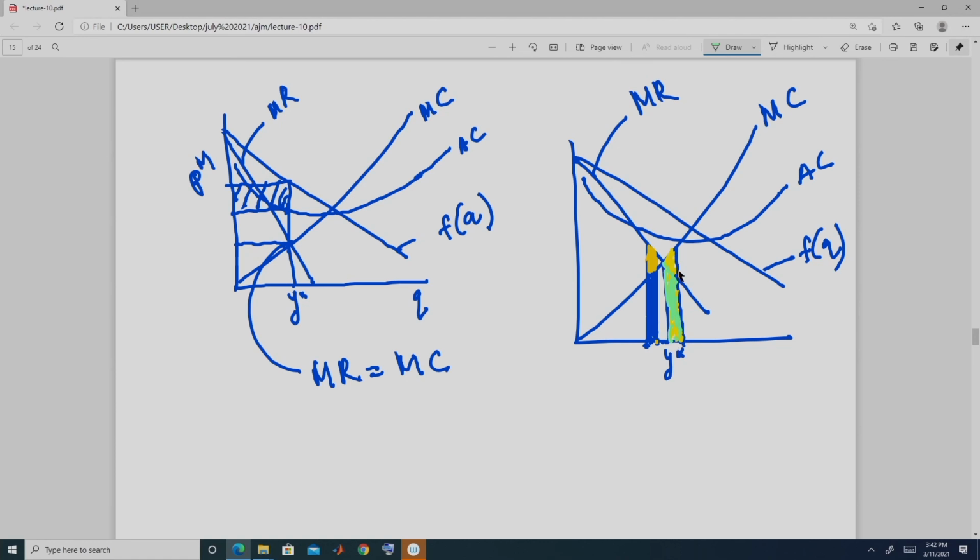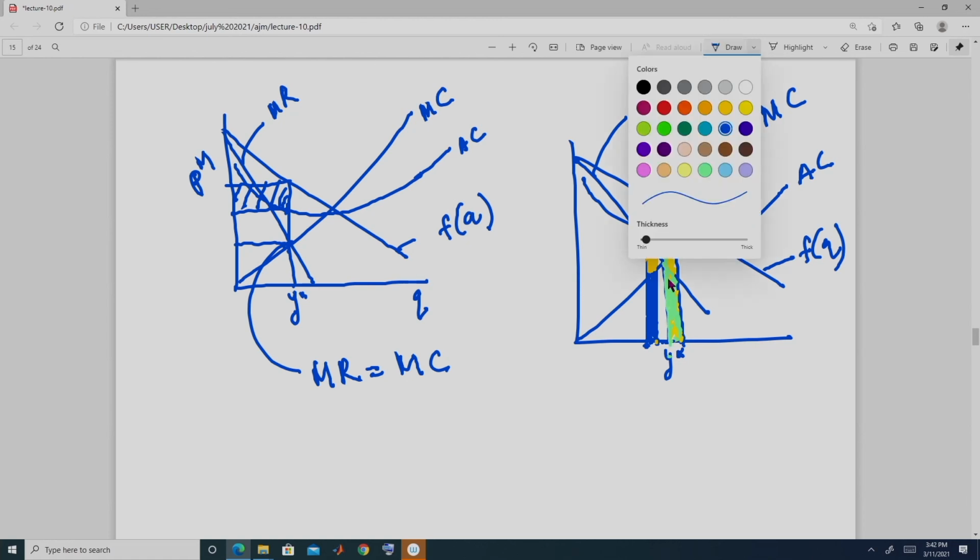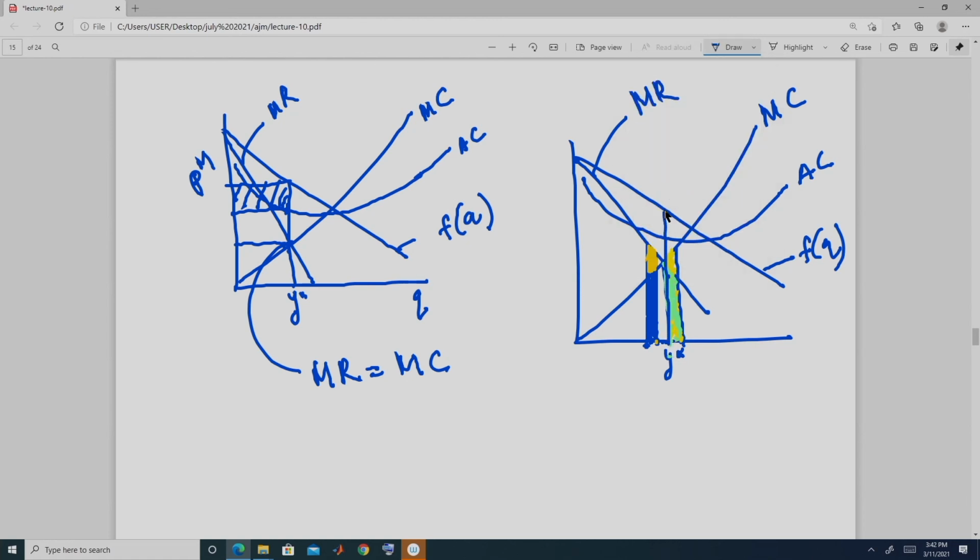So, this yellow extra portion is left as the additional loss that the monopolist is going to make if it produces more than Y star. So, that is why the optimal output is going to be Y star. At Y star, price is this. So, this is the monopoly price. So, this is how the monopoly determines its optimal or profit maximizing output and the monopoly price.